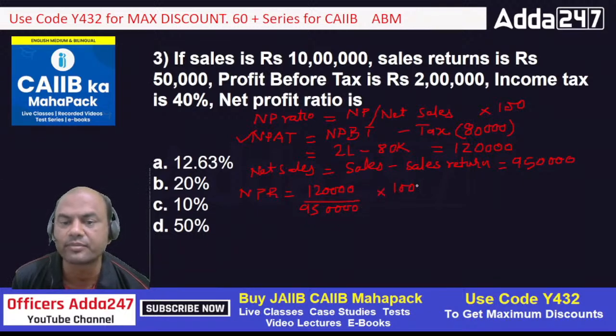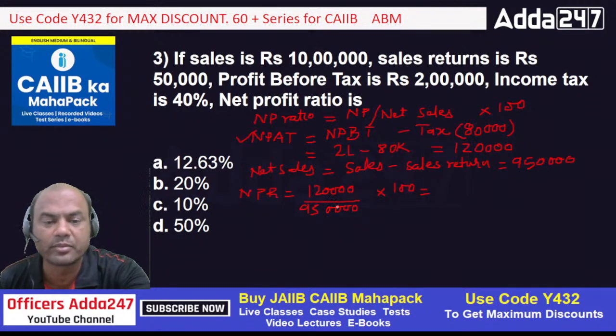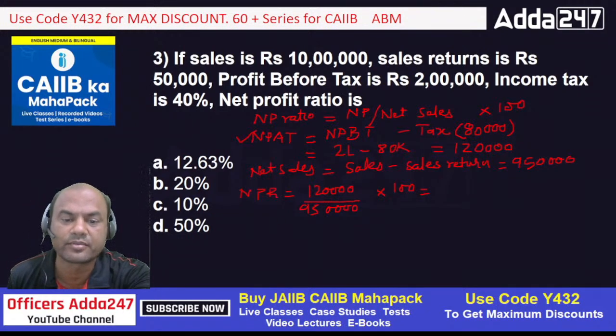What is the answer for this? It is roughly 12 point something, isn't it? Give me in the comment section what the answer is: 120 upon 9,50,000.